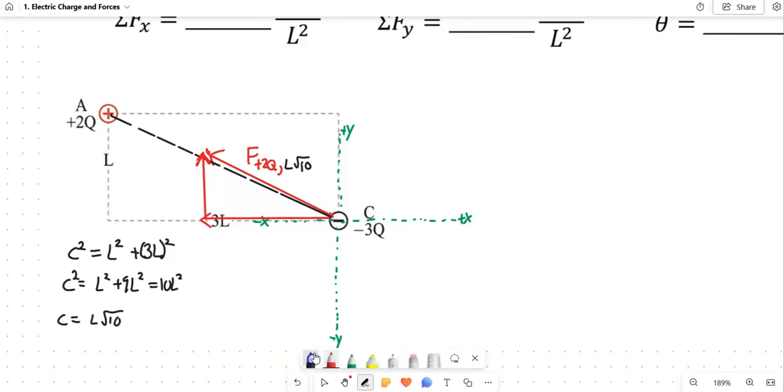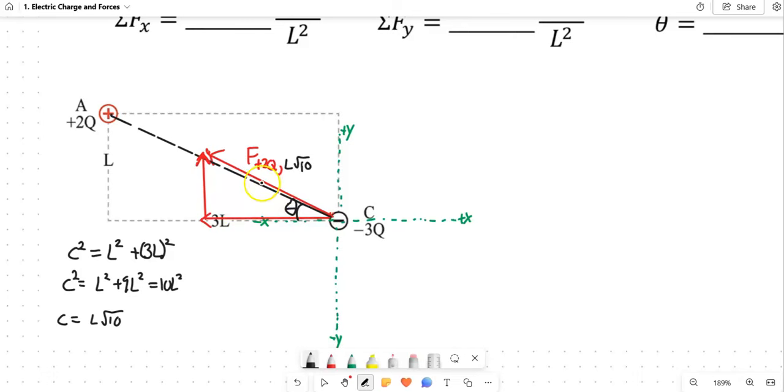Now, we need to establish a diagonal. Since I've made my triangle around this area, I'm going to choose theta to be right here. I could have done this, and then our theta would be right here, but I want to do it this way, so I just chose it.